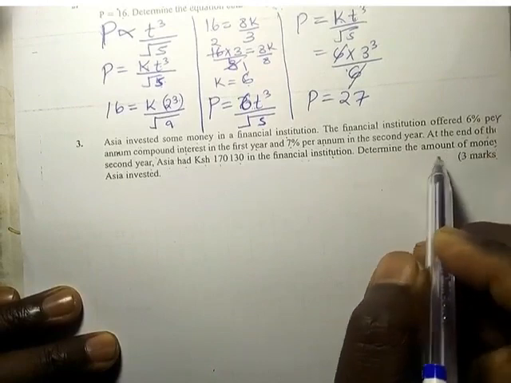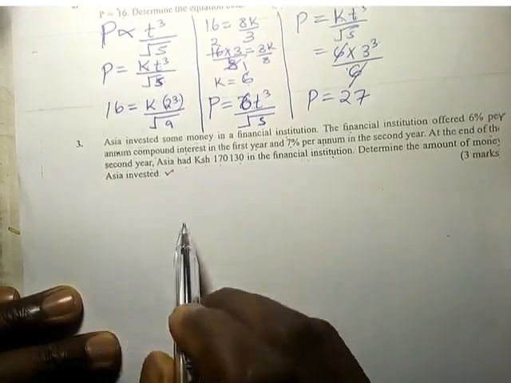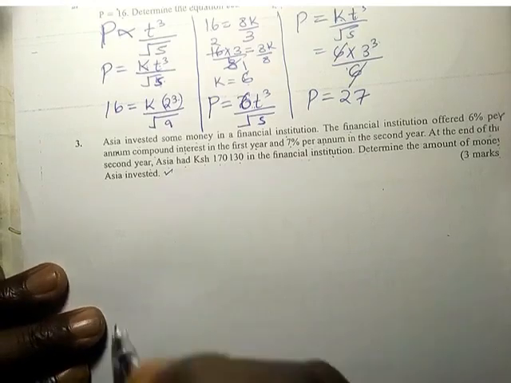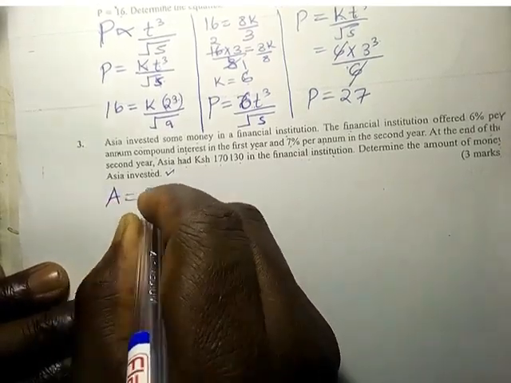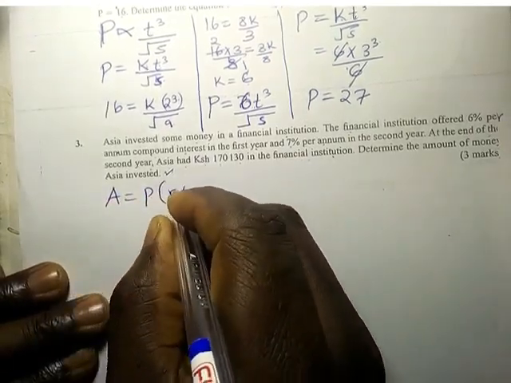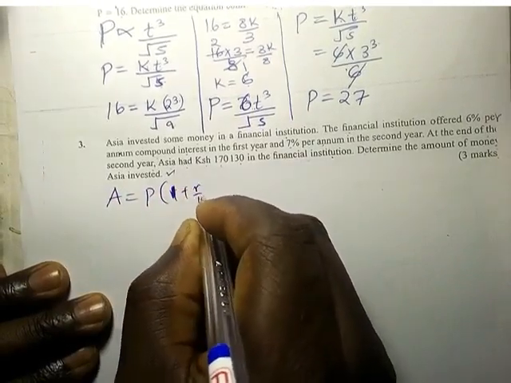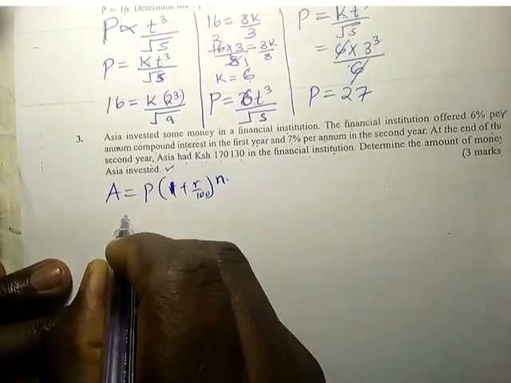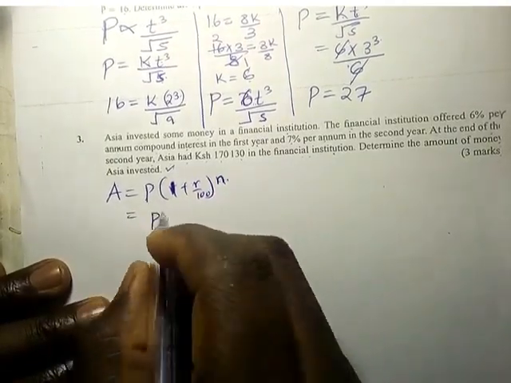Determine the amount of money Asia invested. So we want the principal which was invested. We know amount is equal to principal times 1 plus r over 100 raised to power n, where n is time.